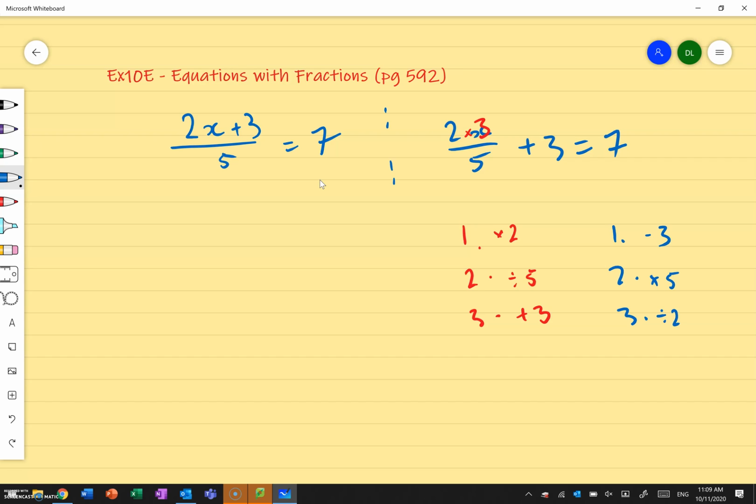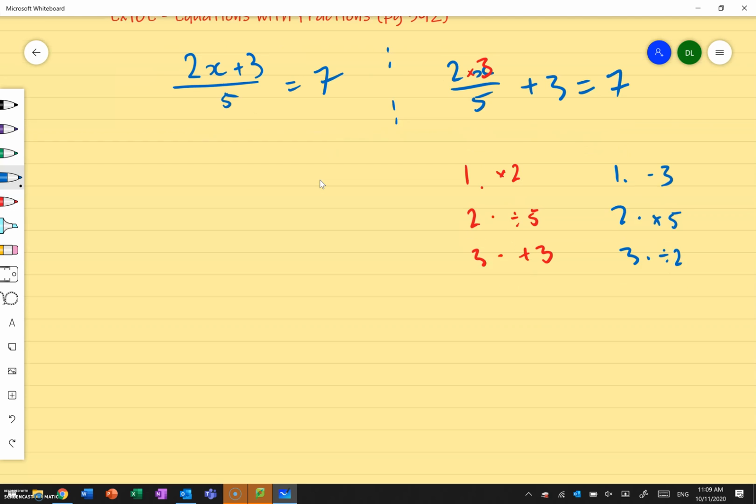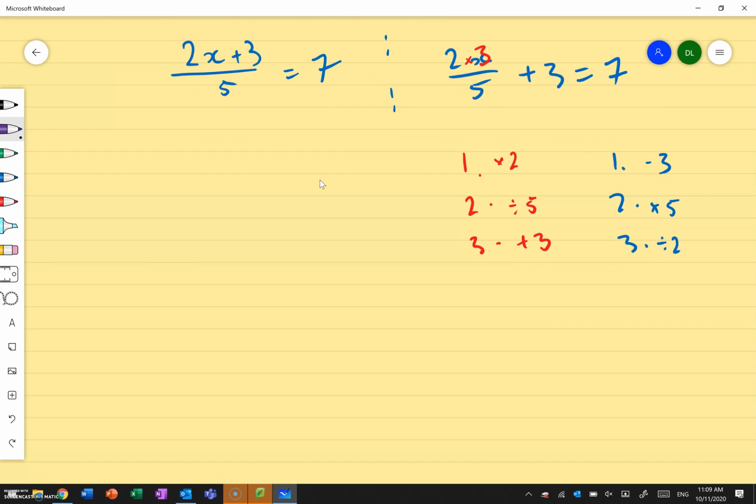Okay, so let's go into an example that's a little bit trickier. Let's say I have x over 5 equals 4. If I was to put in a value here, let's say 3, you'd say 3 divided by 5. So we do the opposite: the opposite of divided by 5 is multiply by 5.